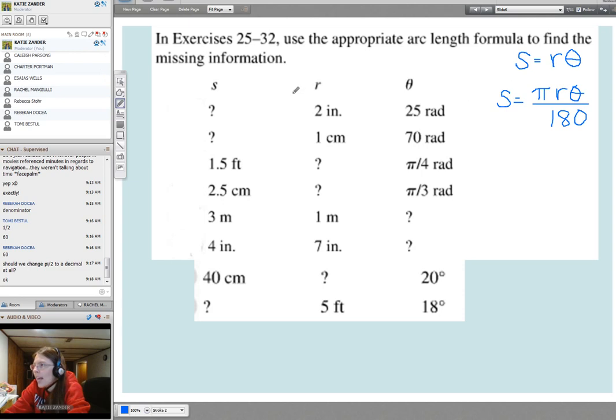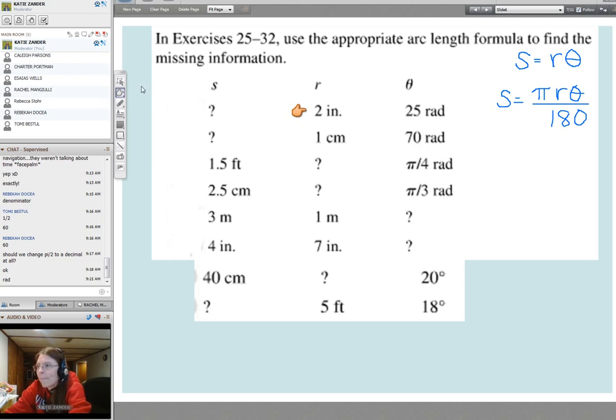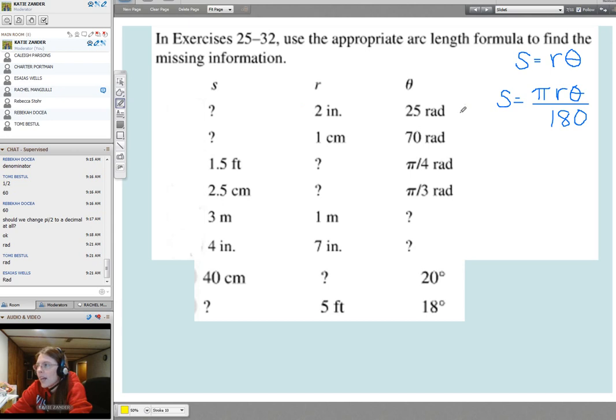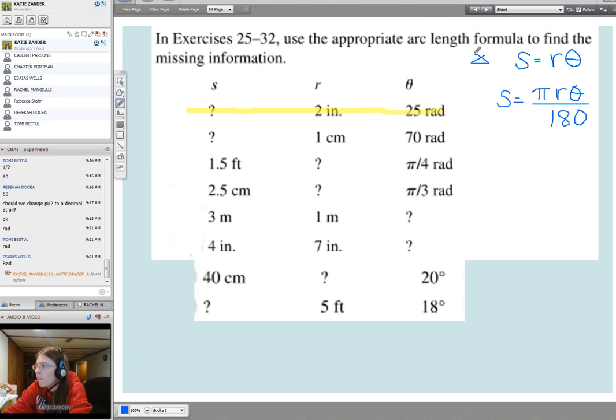So let's go ahead and find out this first question mark. If I'm trying to find this first question mark, it is S. First of all, we have to decide which formula I am using. Is my unit of measure in degrees or in radians? It's in radians, right? Because it says RAD. So that just tells you that you're in radians. So we can use the very first formula to help us there.